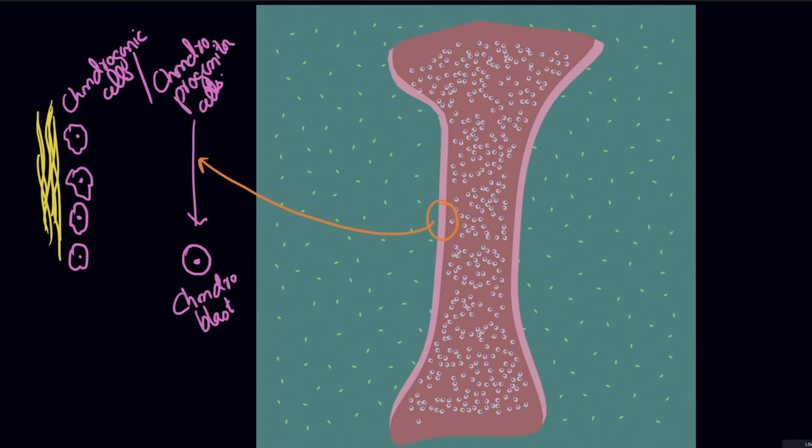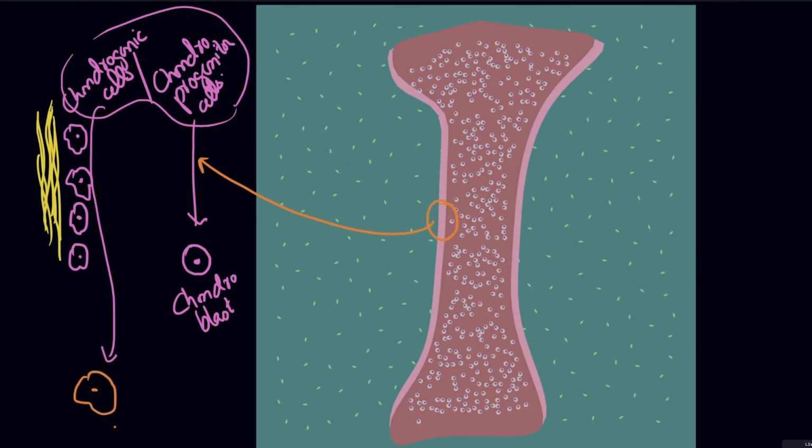But sometimes these chondrogenic cells or chondroprogenitor cells transform into a totally different type of cell, and these are called osteoprogenitor cells. And what are osteoprogenitor cells? We have discussed them in the last lecture. These are bone forming cells. These are also called osteogenic cells.